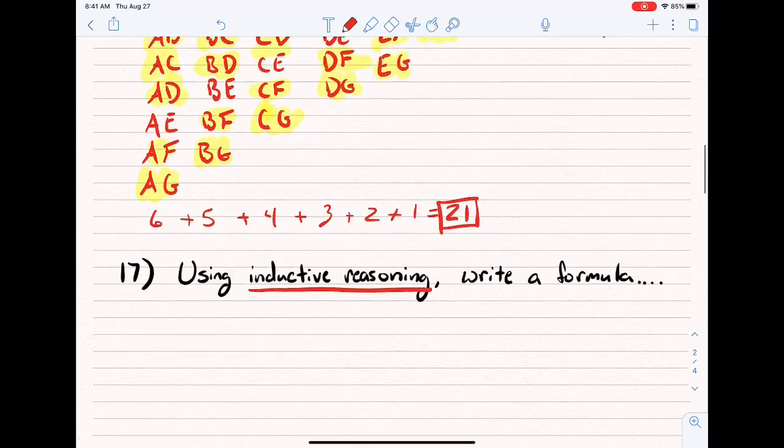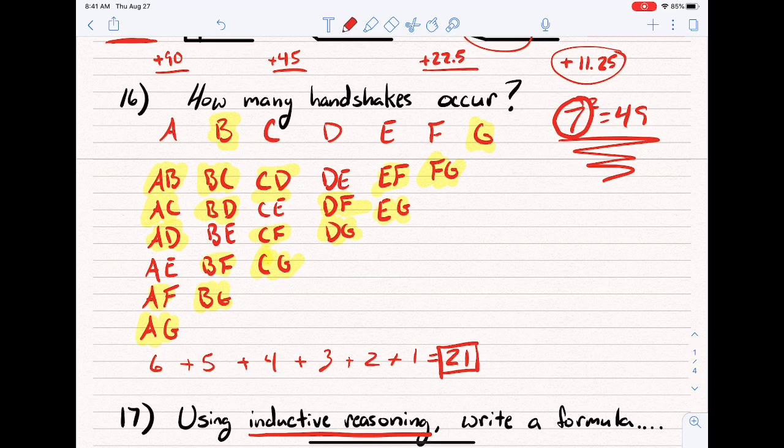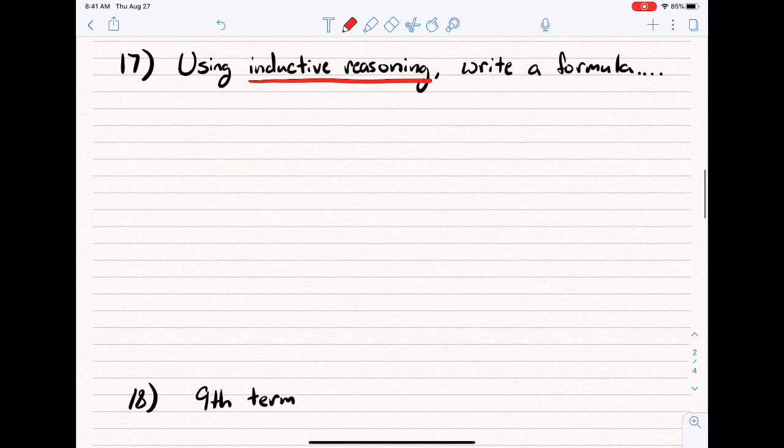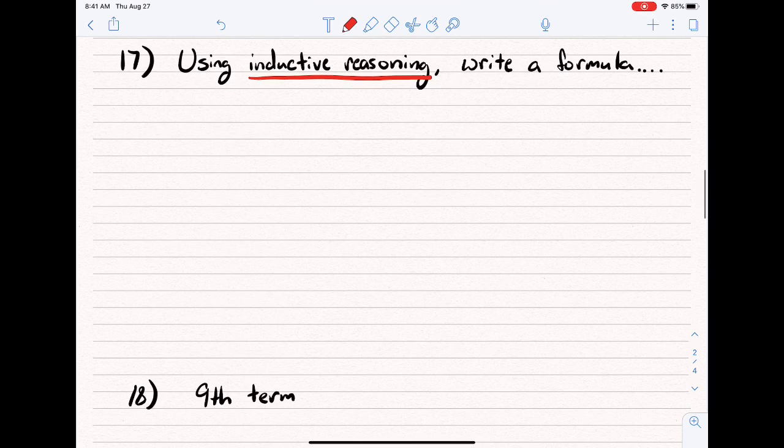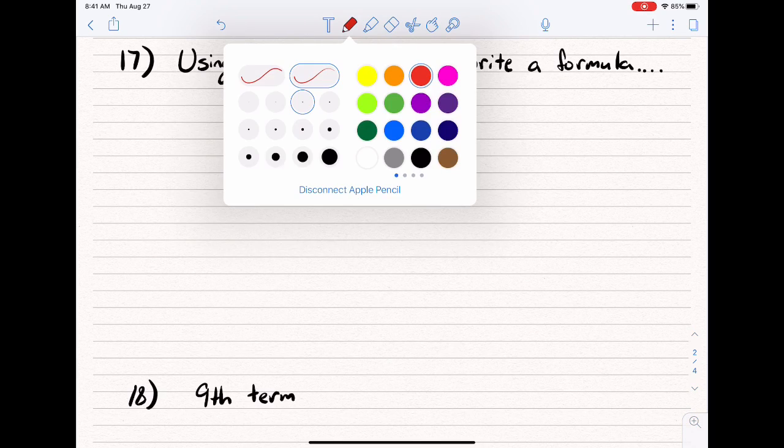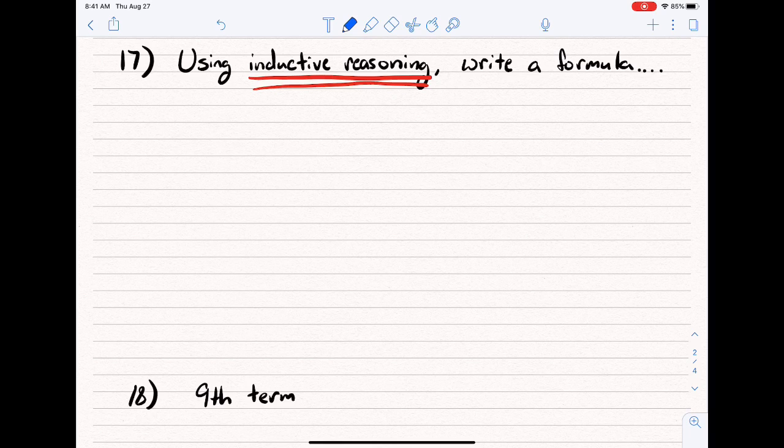And right here, there is no pattern because we did it one time. You can't have a pattern with one time. So what you've got to do is say, let's see how many handshakes would happen if there were a different number of people in the room. That's the only way you can use inductive reasoning. Okay? So to do this problem right, you had to create a pattern. And so I'm going to do that right now.